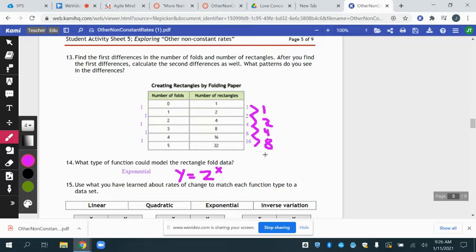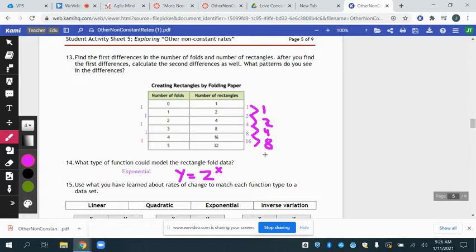Now, eventually I run out of numbers to subtract, but you can do this forever. And it will always have the same numbers. Because once you start the pattern, it's just going to continue. That's the way numbers tend to work. So that's kind of cool. You can do as many differences as you want, and you'll never get closer to an answer. It'll always just repeat. That is a way you can tell that something is exponential.